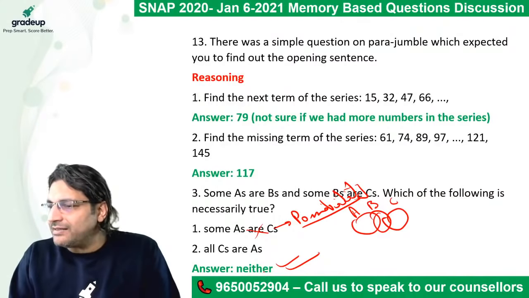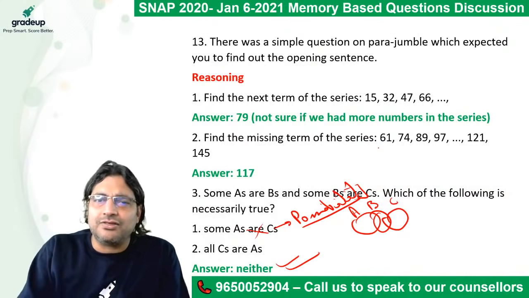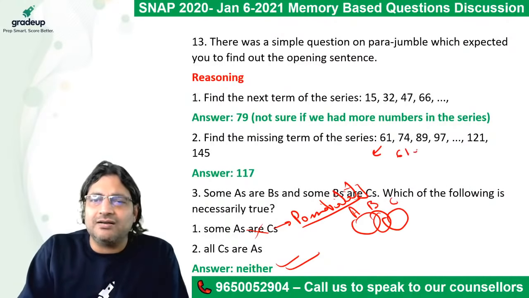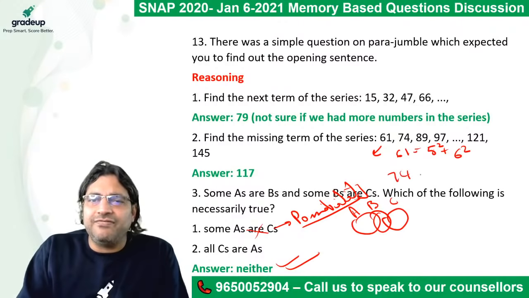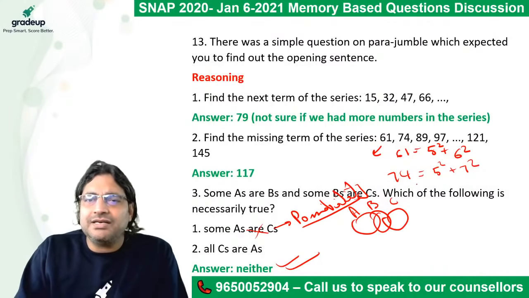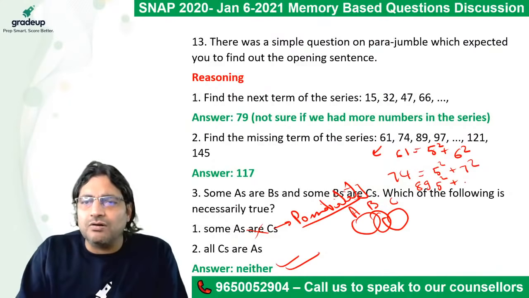Nitin is saying that the pattern for the above is 5 square plus 6 square. Acha, you're talking about this. 61 is 5 square plus 6 square. 74 is what? 5 square plus 7 square. 89, wow, I'm also getting this now. 89 is 5 square plus 8 square.